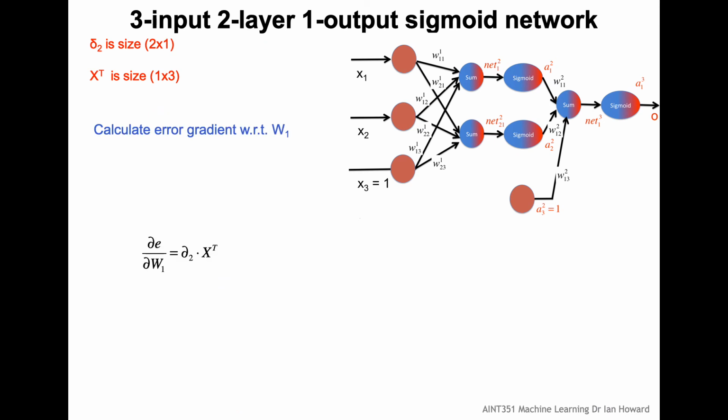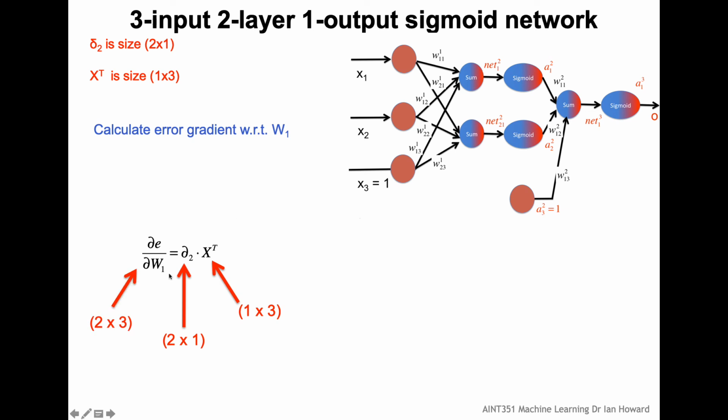So basically then what we want to finally do is calculate the error gradients with respect to W1, so we can do gradient descent. So dE dW1 is going to be delta 2 times the input to that layer, so it's the effective error at the output of the lower layer multiplied by the transposed input, and that's going to be a 2 by 1 times a 1 by 3, so we end up with a 2 by 3.